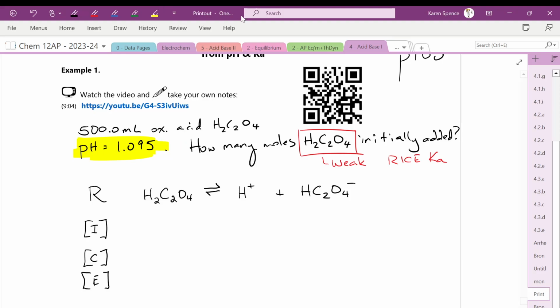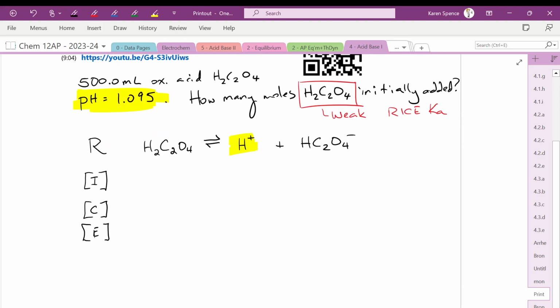We need to change it into concentration of hydrogen. So tell your partner what the formula is for changing pH into hydrogen ion concentration. Hydrogen ion is equal to 10 to the negative pH. Good, good, good.